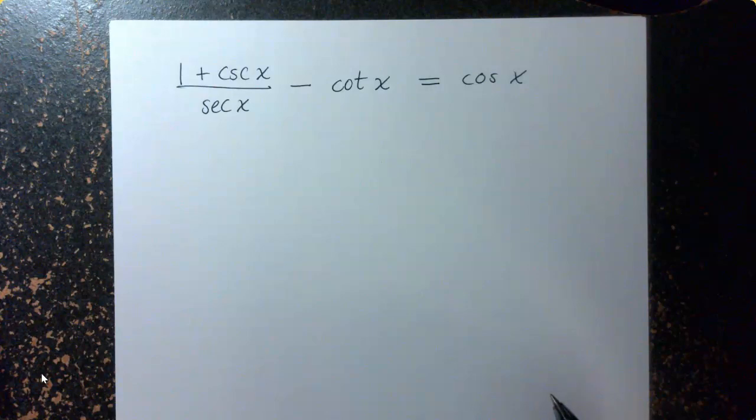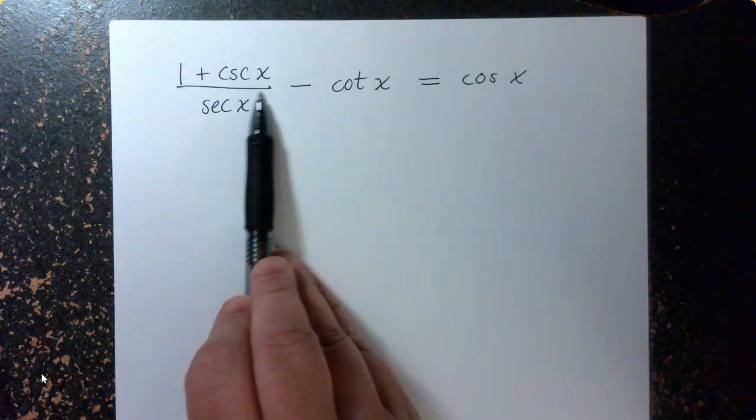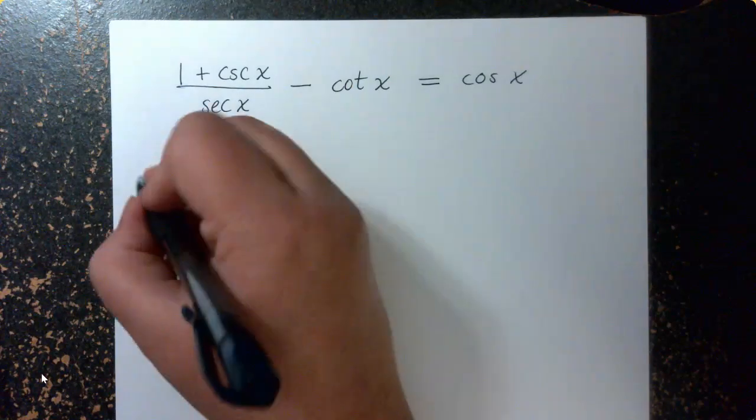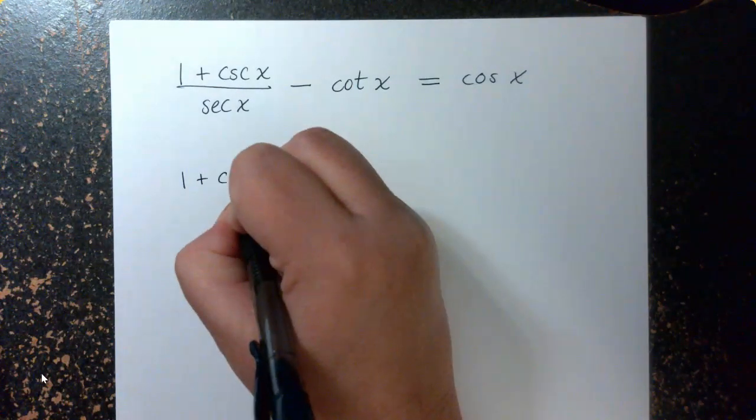Okay, one of the things I want to emphasize again is you only work with one side. Only work with one side at a time. You work with one side, and you work with that side until you can show that it's equal to the other side. This is probably another one where I'm going to start with my left-hand side. But when you do that, make sure the very first thing you write is that entire side exactly as it is.